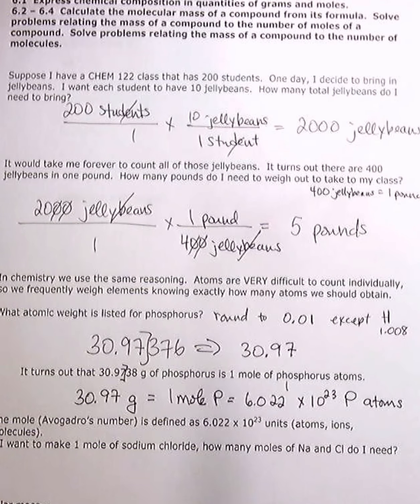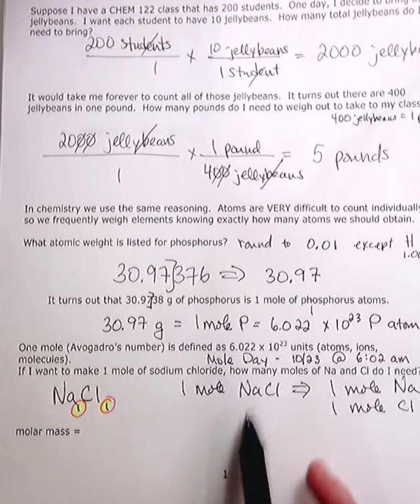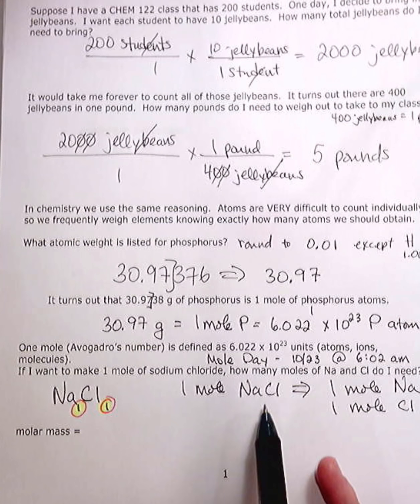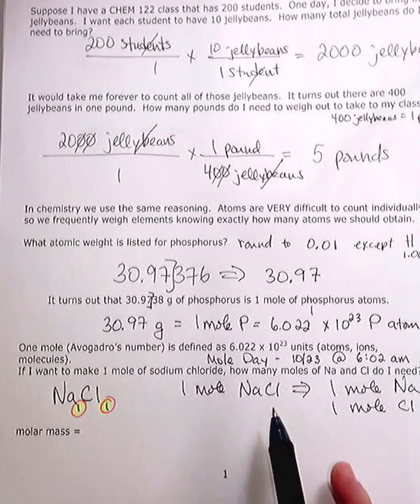So to make 1 mole of sodium chloride, I would need 1 mole of sodium and 1 mole of chloride. Now if it was like Na2Cl, then I would need 2 moles of sodium and 1 mole of chloride.